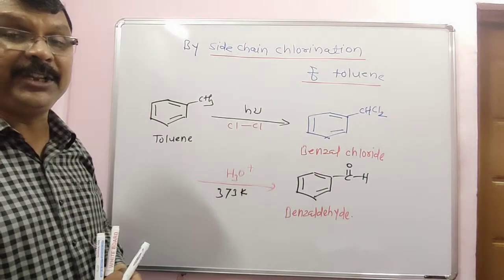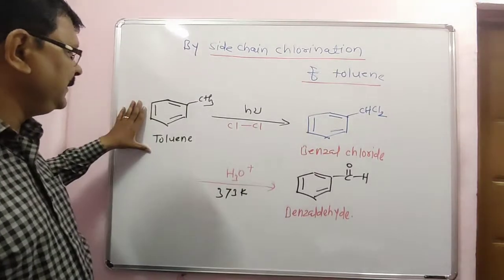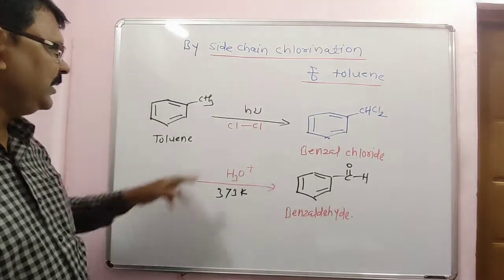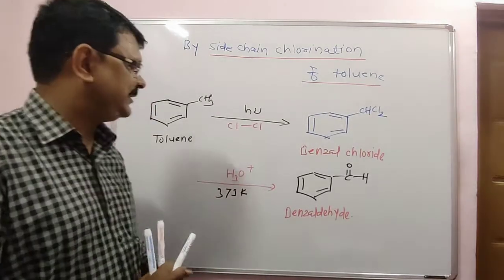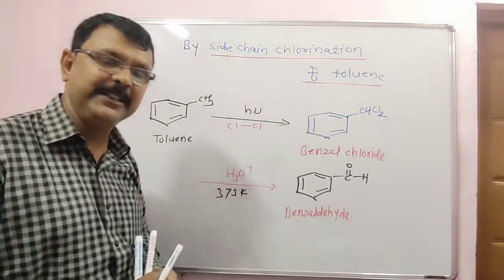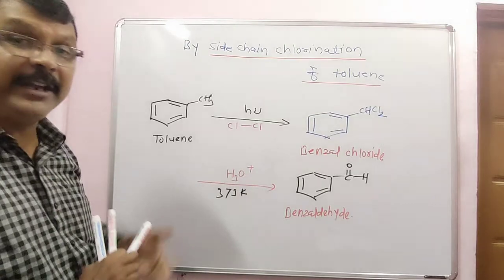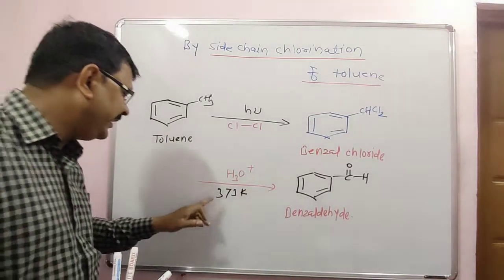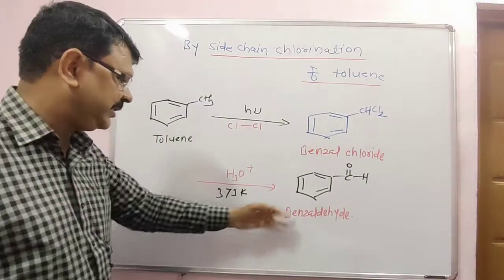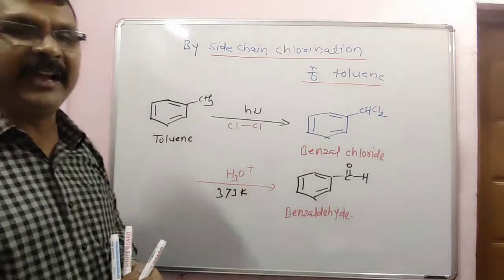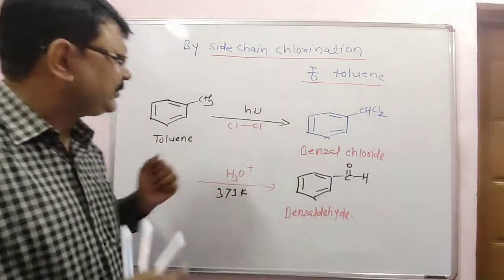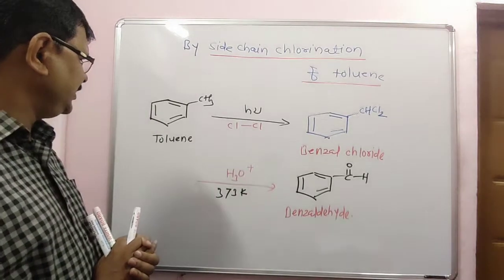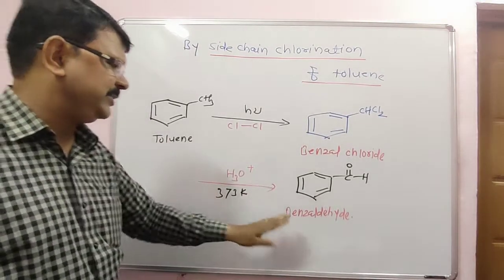Repeat here: toluene is reacted with chlorine gas in presence of light. First it gives benzyl chloride, which on acidic hydrolysis at 373 Kelvin temperature forms benzaldehyde. A simple question: how will you convert toluene to benzaldehyde?